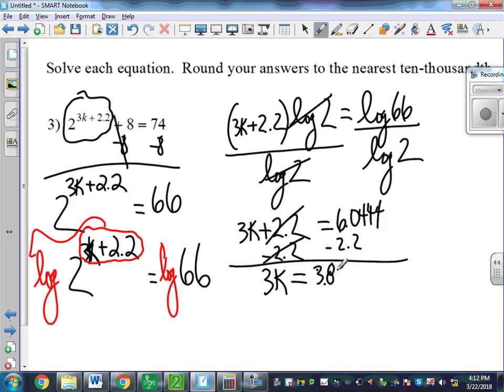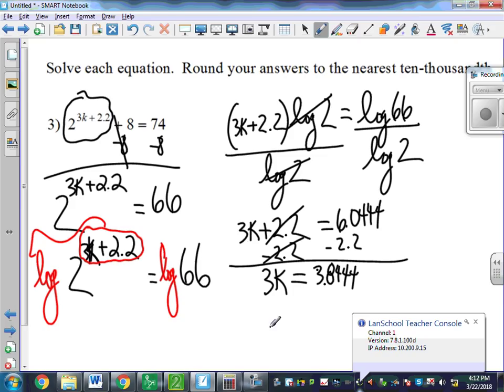I'll be so embarrassed if I subtracted wrong. Math teacher who can't subtract. And if you're wondering what I'm doing, I am pulling up my iPhone to check to make sure I subtracted that right. 3.844. See, I never should have doubted myself.